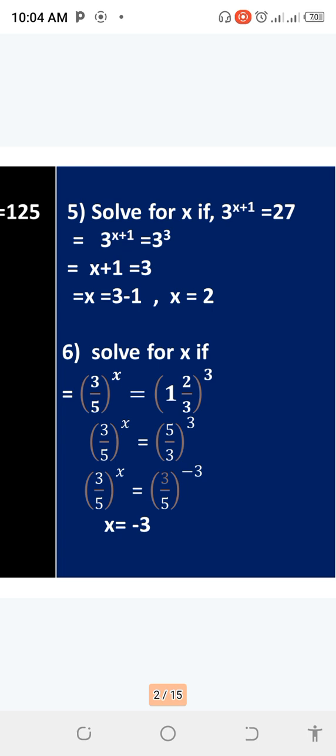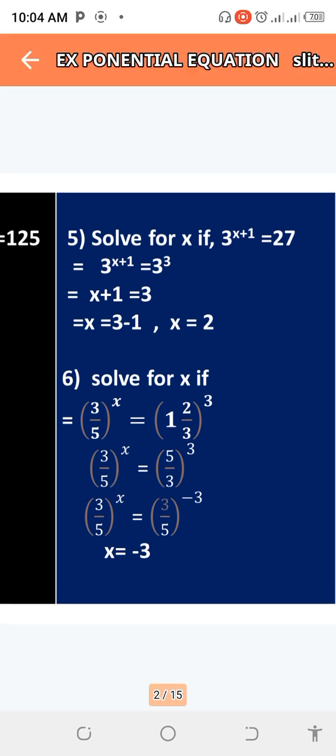Now, the first thing you need to do is to change this one to an improper fraction. When you change this one to an improper fraction, it becomes 5 over 3. Now, the equation becomes 3 over 5 exponent x is equal to 5 over 3 exponent 3.